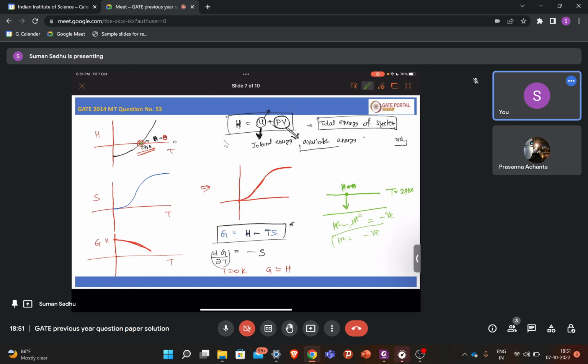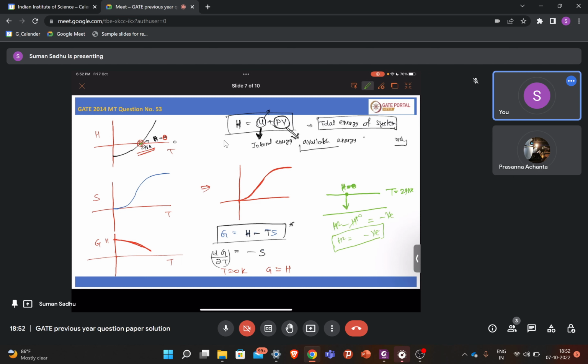But actually your system will have some amount of energy, so it will not be negative in absolute terms. But as you cannot calculate the absolute value of the enthalpy, you have to take some reference value, and only then can you measure from that level. Like the height of Mount Everest or any mountain, you measure from sea level, right?